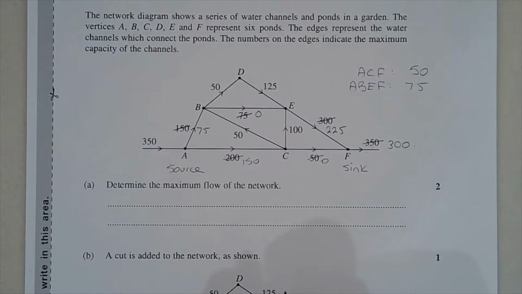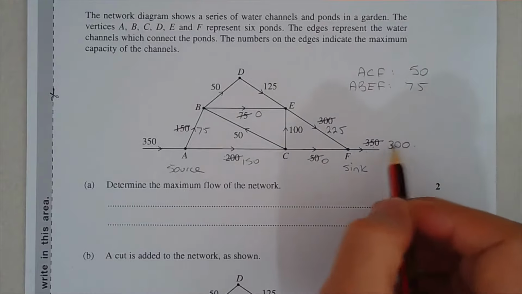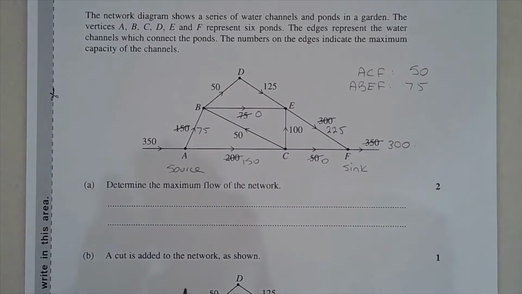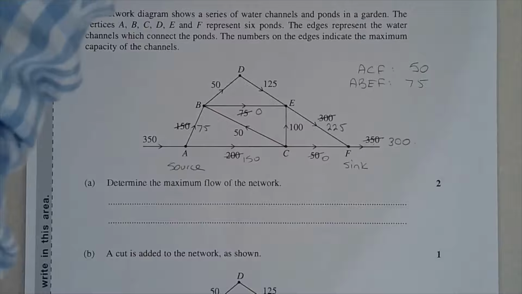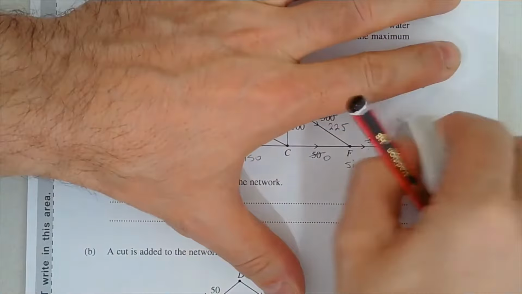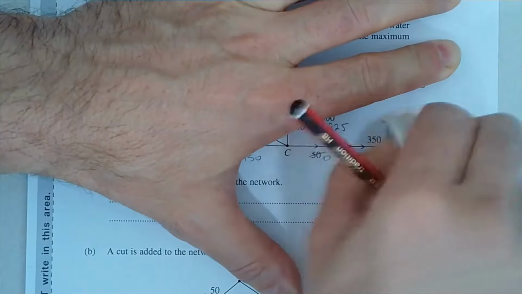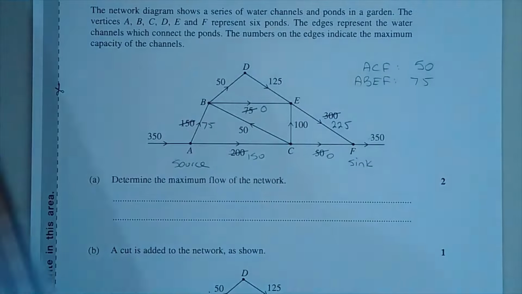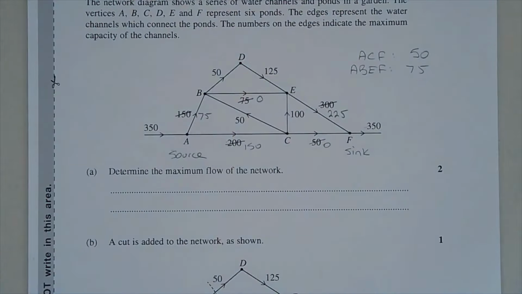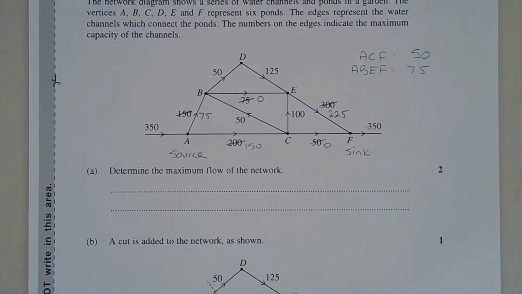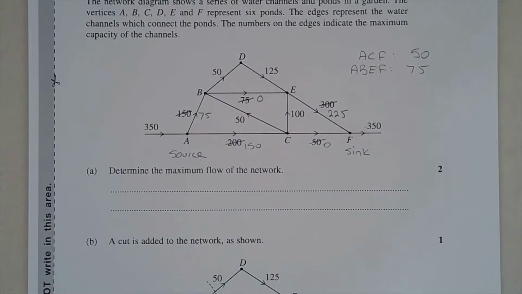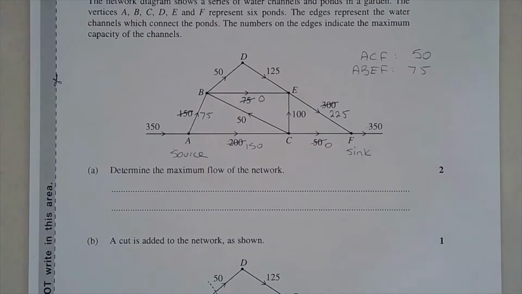I'm not even going to bother with this number here, as it's not of any importance in answering this question at this point. Okay, any other paths that we can see?